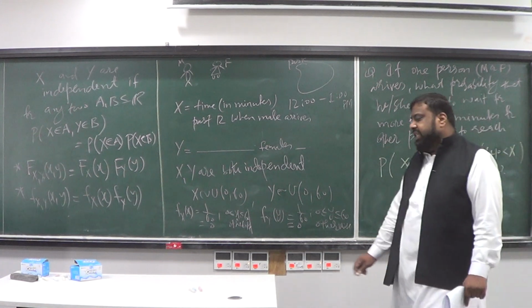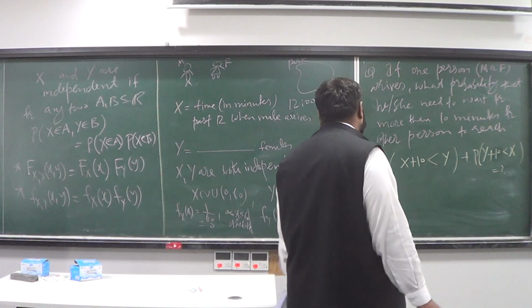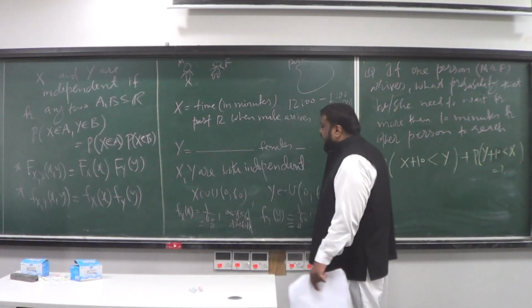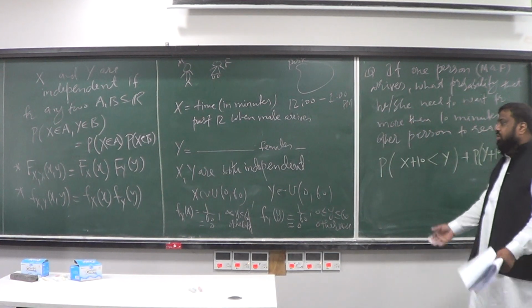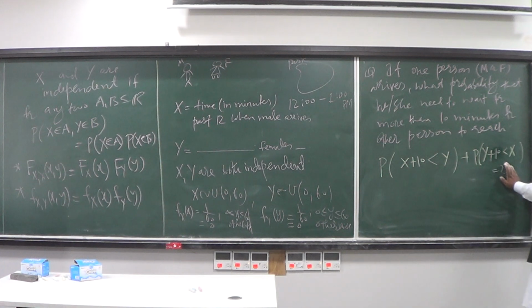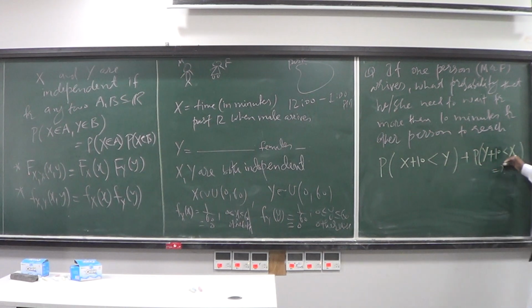Obviously, in order to compute such probabilities, one of the things we can say is that since X and Y have the same distribution, both uniformly distributed, these two probabilities must be equal. Whatever probability this is, this should also be the same probability.